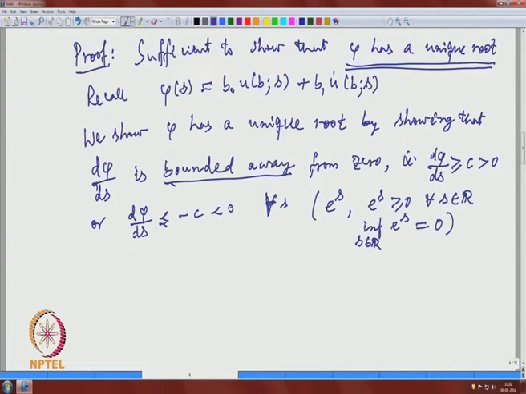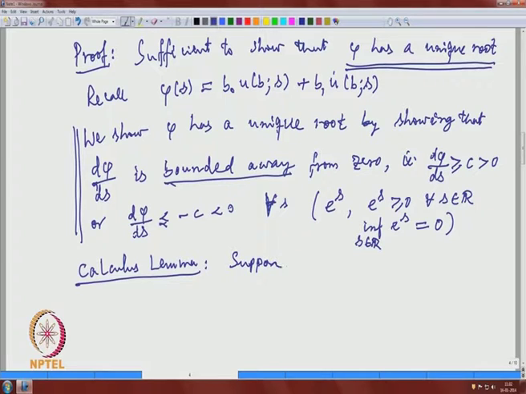So, once this is satisfied, you can show that. This is a simple calculus lemma. Suppose phi from R to R is such that d phi by ds is bounded away from 0.